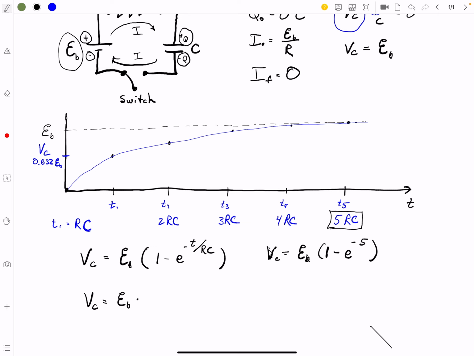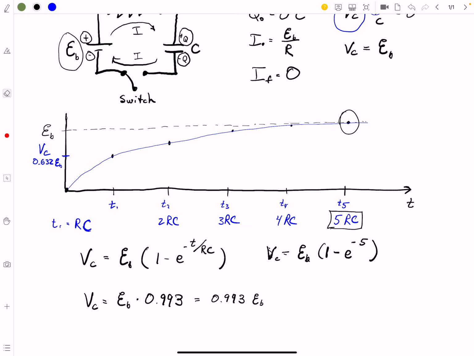And that is 0.993. We can write that a different way, 0.993 of EB. So you can see that we're almost there. I drew the drawing fairly good. We're almost up to EB at that point.